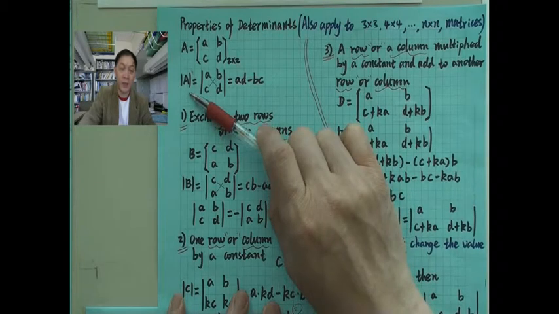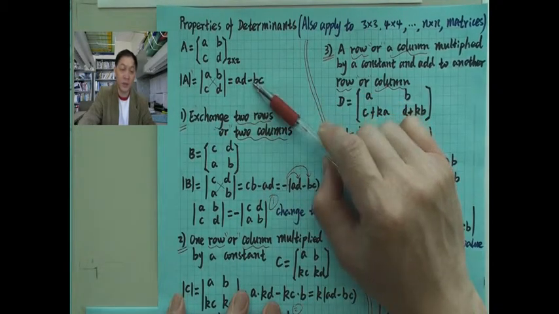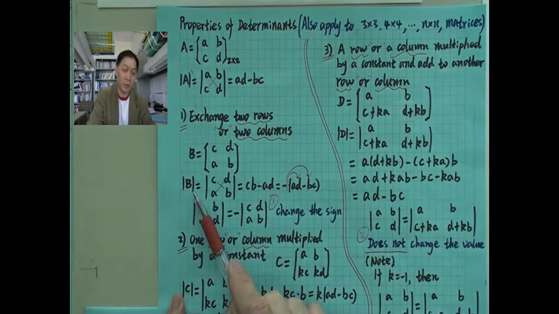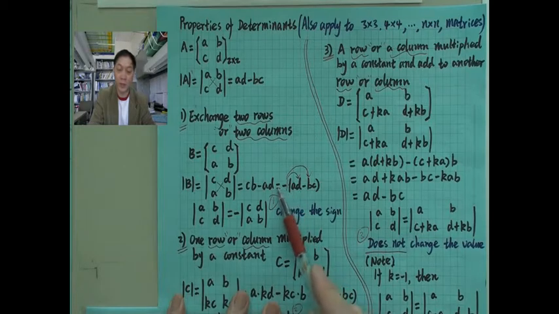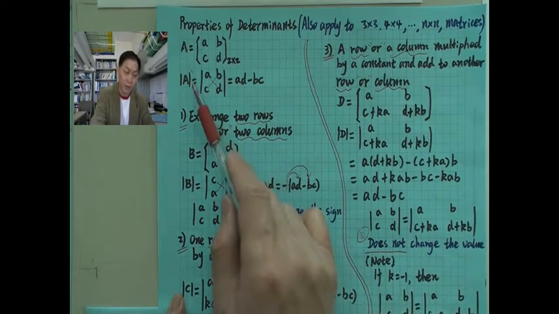If you have the determinant for A, you put a negative sign in front of it, you have the determinant for B. If you have the determinant for B, you put a negative sign in front of it, you will have it for A.